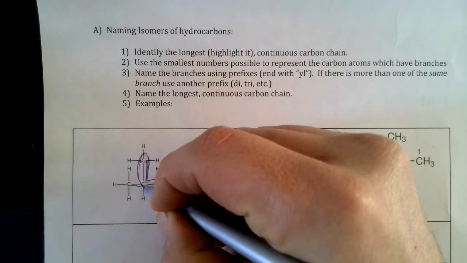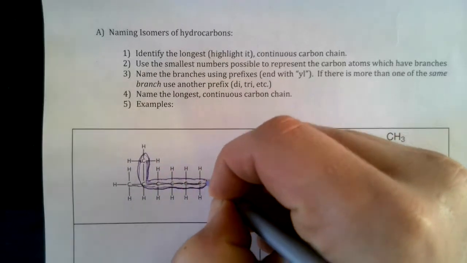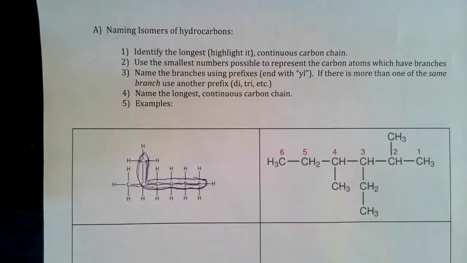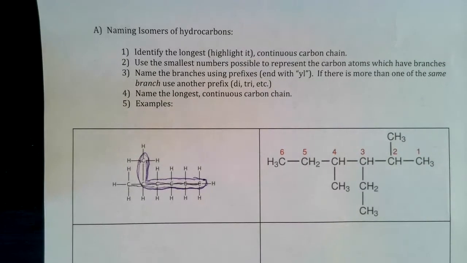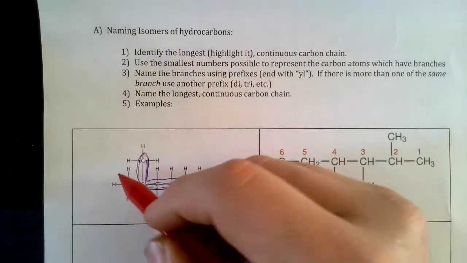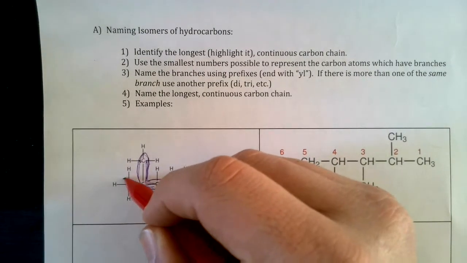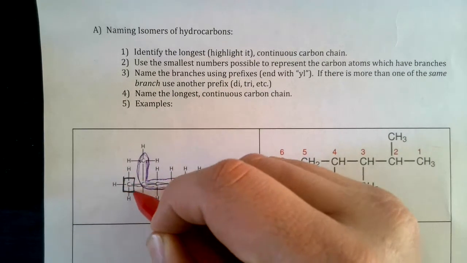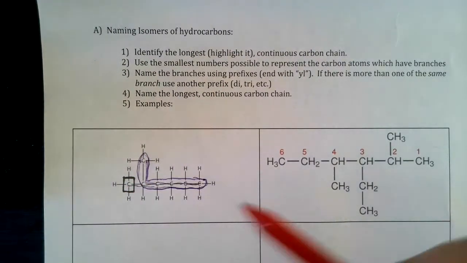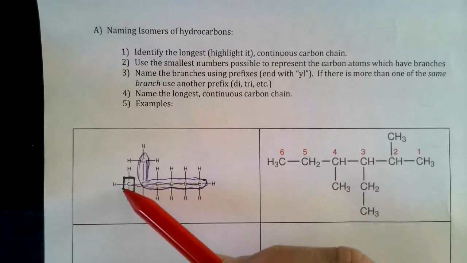I know that all of these carbons are going to be named later on. Now, whatever's left over is going to be a branch. So this carbon right here, which I'm going to put a box around, that's a branch. So we have the longest continuous chain and this one branch coming off.